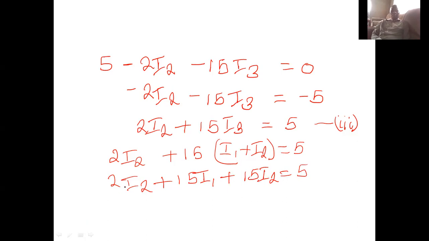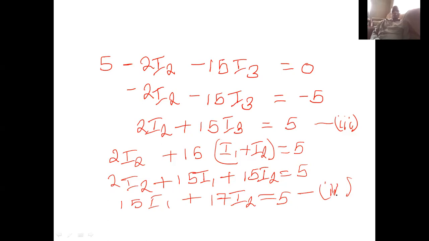Here we have two common i2: 2i2 and 15i2, which gives us 17. So we can say 15i1 plus 15 plus 2, this gives us 17 I2, because we have these two, which is equal to 5. And this one becomes our equation number 4.